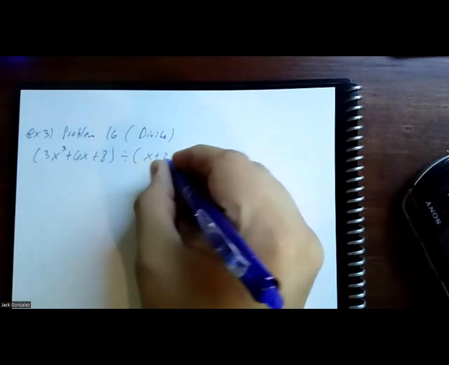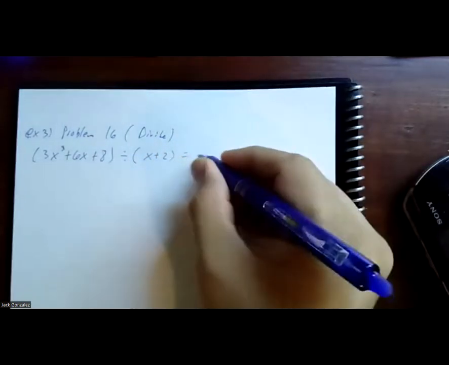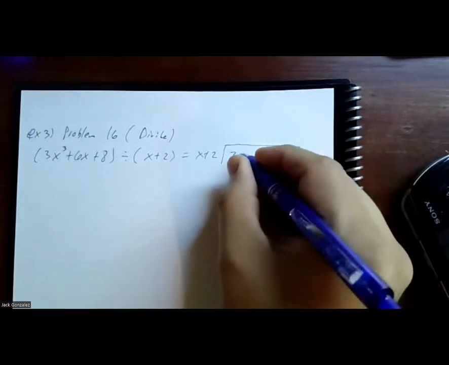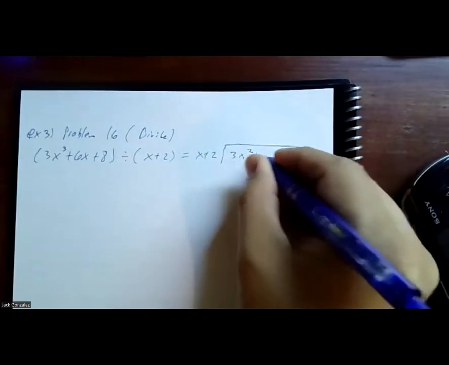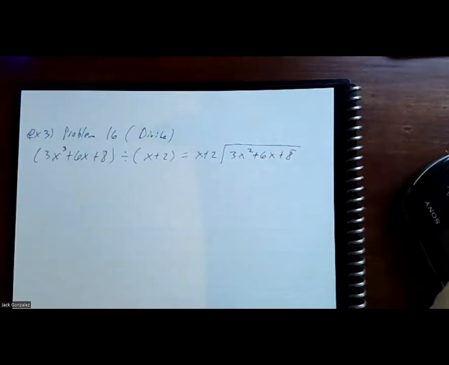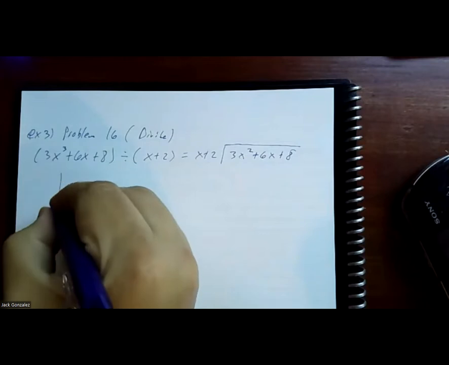Okay, so I'm dividing by this. So note that this is the same as saying x plus 2 divided by this, right? So you could do long division if you wanted to, but we don't want to.